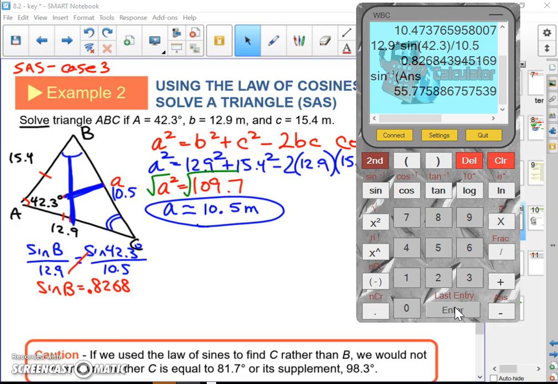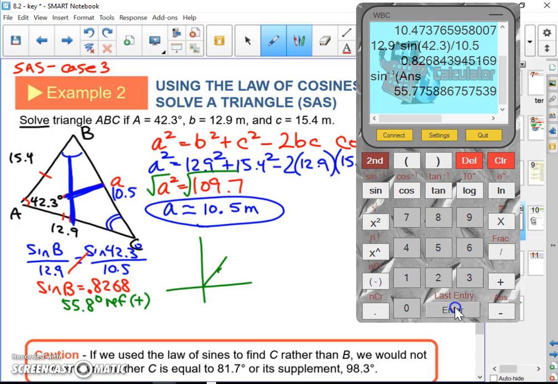Okay, now here's kind of the tricky thing. Once we do this once, we won't have to do it again, but I need to explain it first. That 55.8 is the reference angle where sine is positive. So we've done this a number of times. It's kind of tricky. Sometimes we forget. But the answer to that equation is really two different angles.